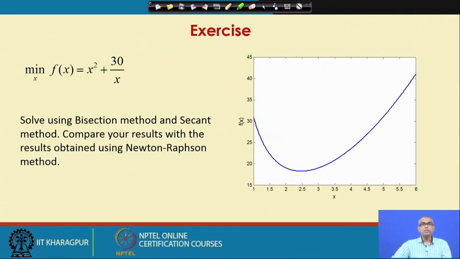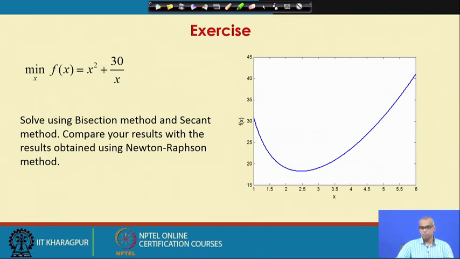So, here is an exercise. We have solved this function x square plus 30 by x using the Newton-Raphson method. We have also solved this using the region elimination method. Please try to solve using the bisection method and the second method and compare your results with the results obtained using the Newton-Raphson method.